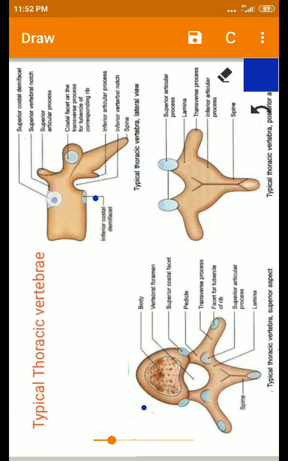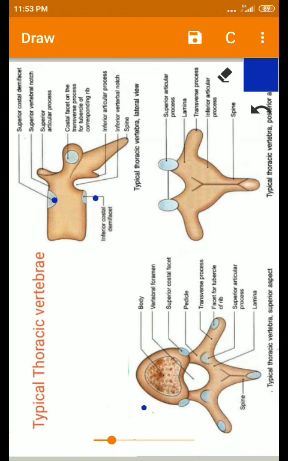This superior facet articulates with the numerically corresponding rib. For example, if this is the second thoracic vertebra, this superior costal facet is going to articulate with the head of the second rib.